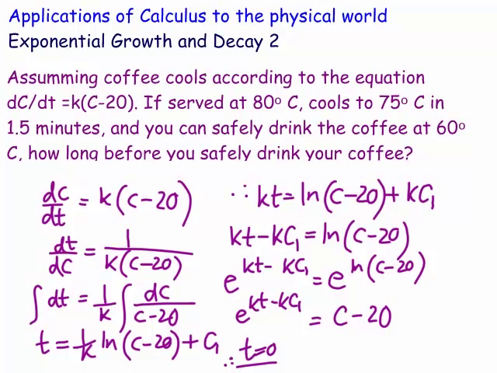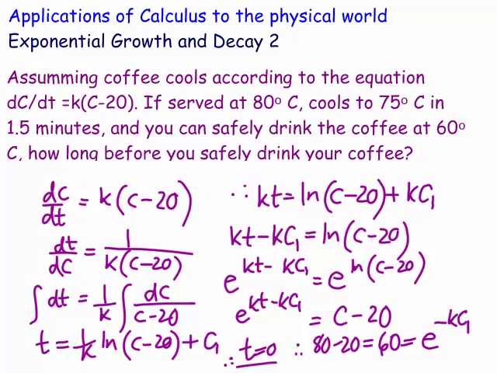The serving temperature was 80, so we know that C is 80. Therefore 80 minus 20, which is just 60, is equal to, since t is 0, e to the minus kc1. So that constant, e to the minus kc1, is 60.